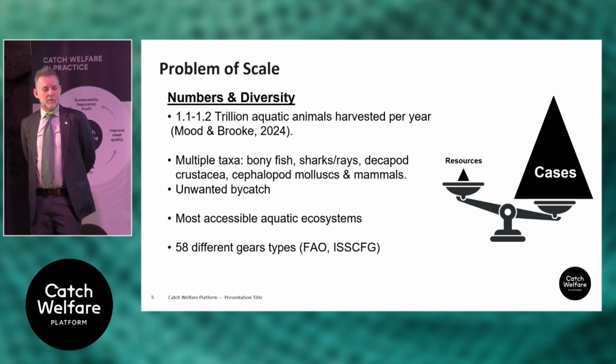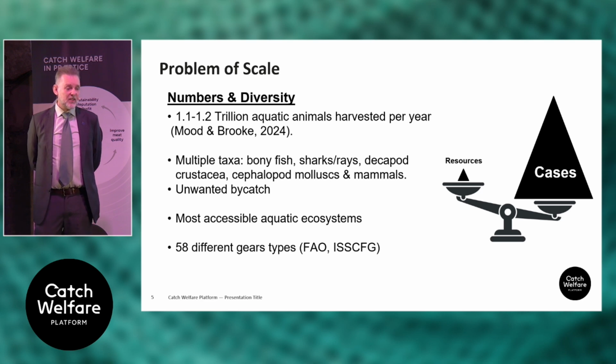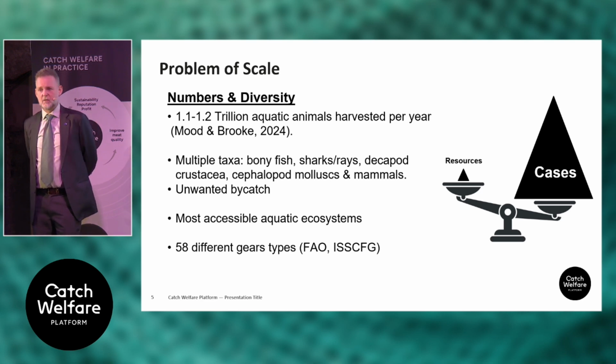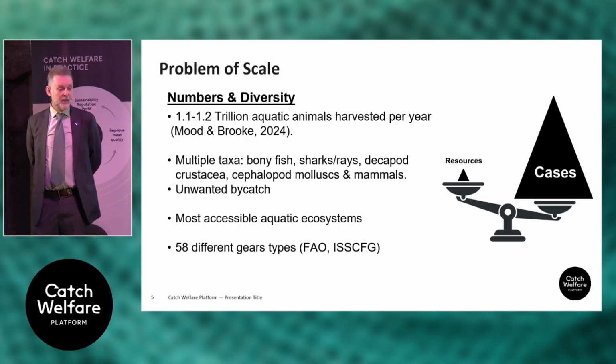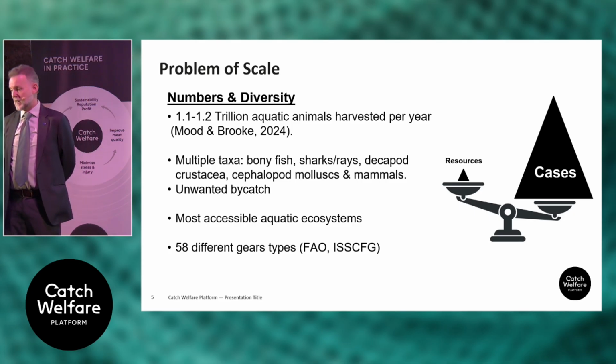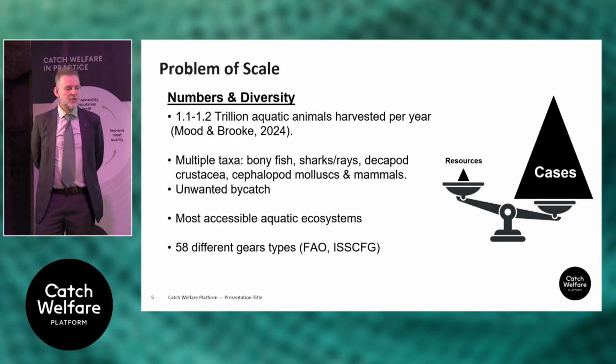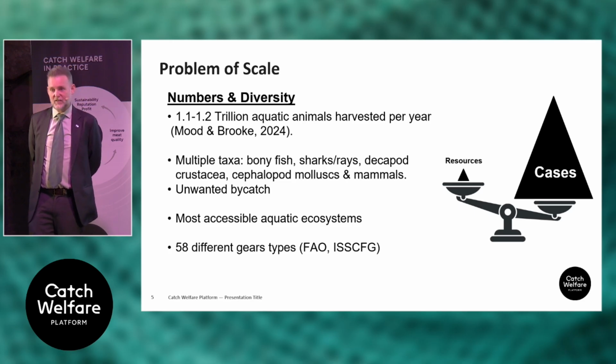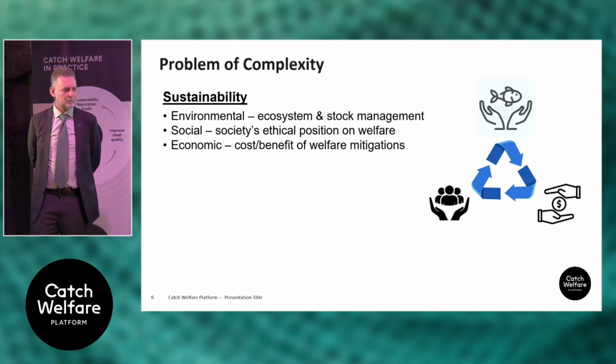And we have unwanted bycatch as well within that catch. These animals are captured in most accessible aquatic ecosystems. So there are additional complications from the environment in which you're taking these animals. And we have 58 officially recognized different fishing gear types, different capture methods. So we have a lot to deal with, potentially.